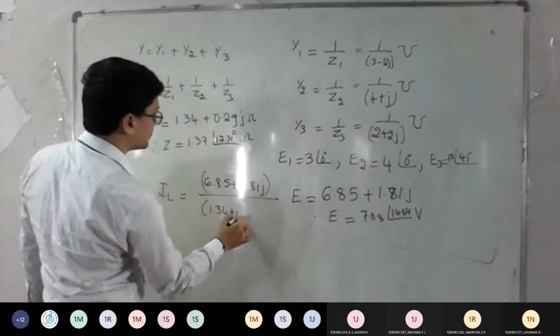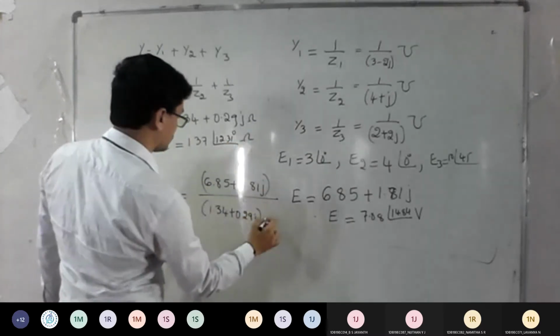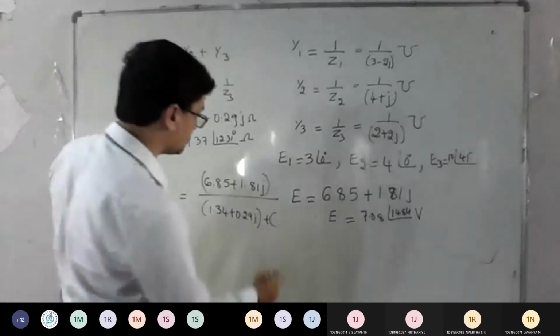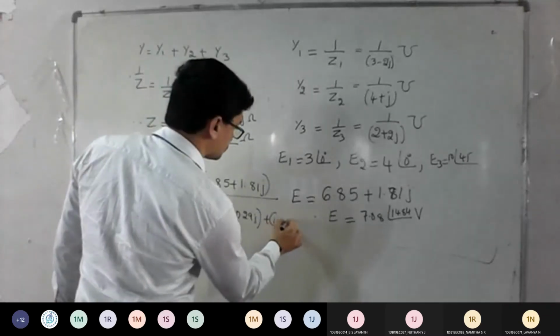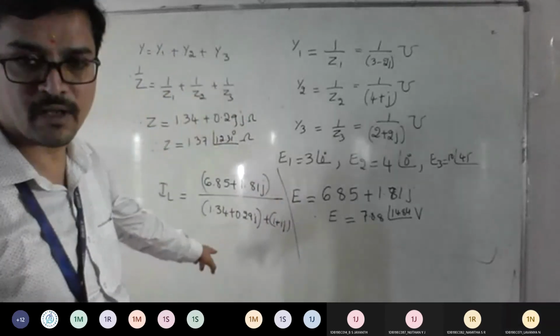How much did they give? Is it 1 plus j? Yes, right? So this is the formula.